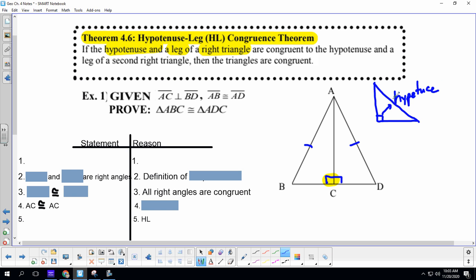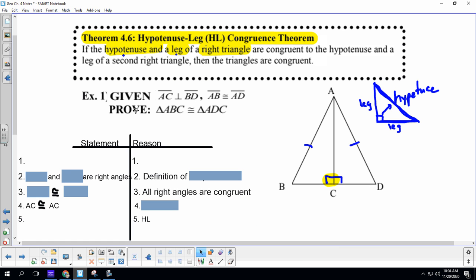The side that is across from your 90-degree angle, and it's also the largest side of your triangle, is called the hypotenuse. The other two sides we call legs. So when we say hypotenuse leg, we mean one of the guys that runs right into the right angle, and the hypotenuse.